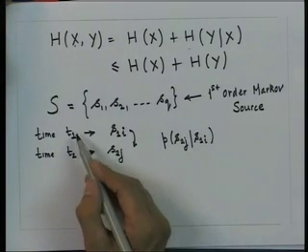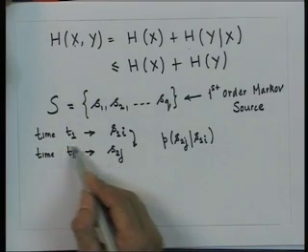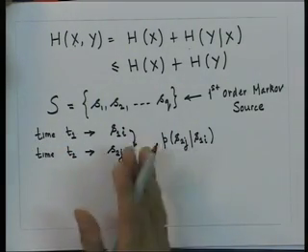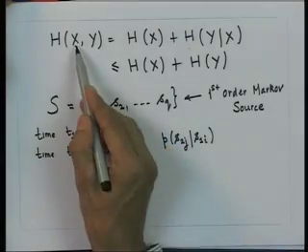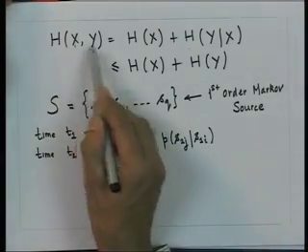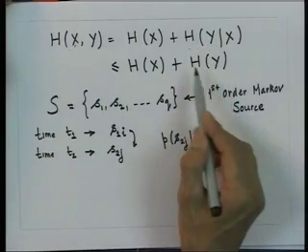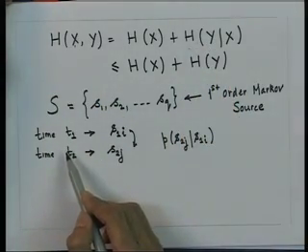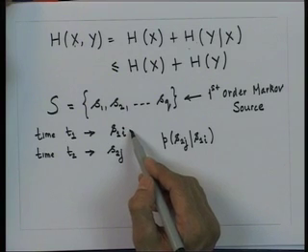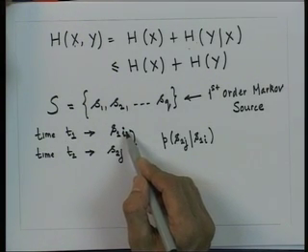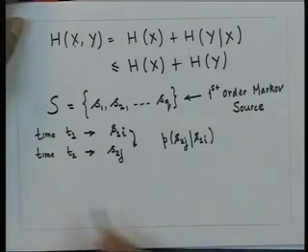Now, considering the time instant t1 and time instant t2 as two different experiments which are related to x and y, similar to what we defined as h of y given x, we can define the additional information which I get when I transit from S1i to S2j.